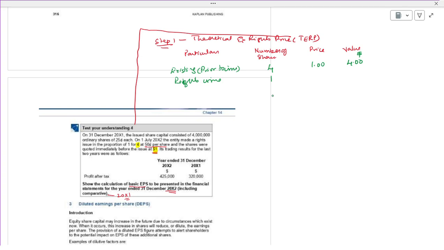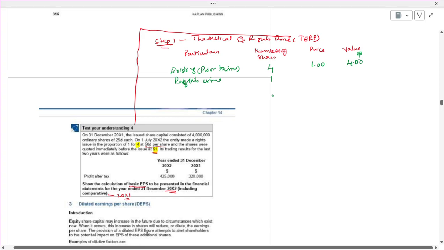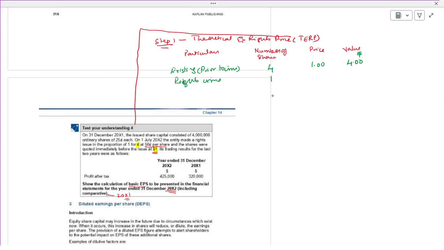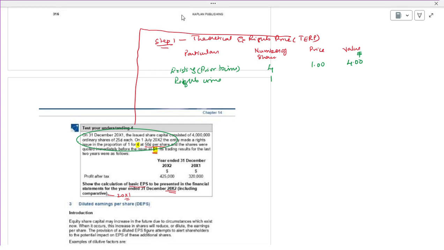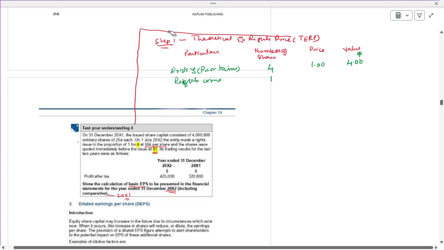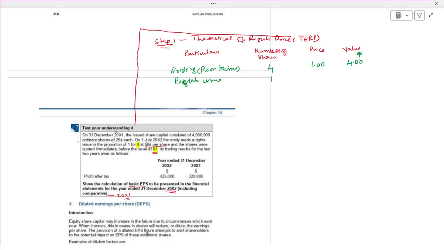On 1st July, the entity made a rights issue in the proportion of 1 for 4, at 50 cents. This is the book value. I will write it, don't get confused.